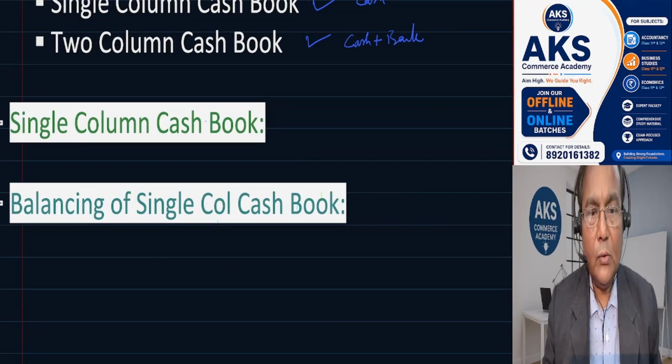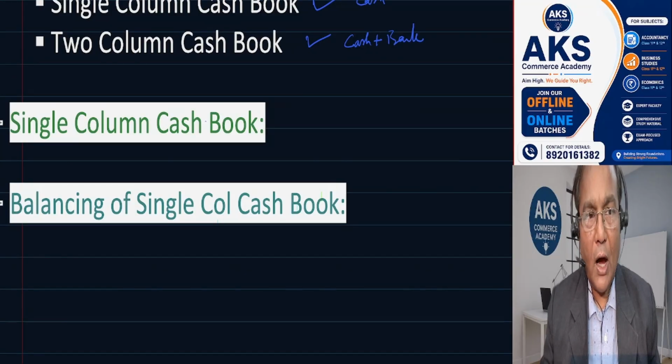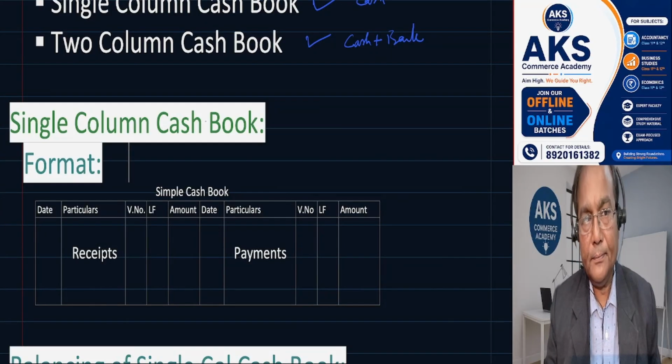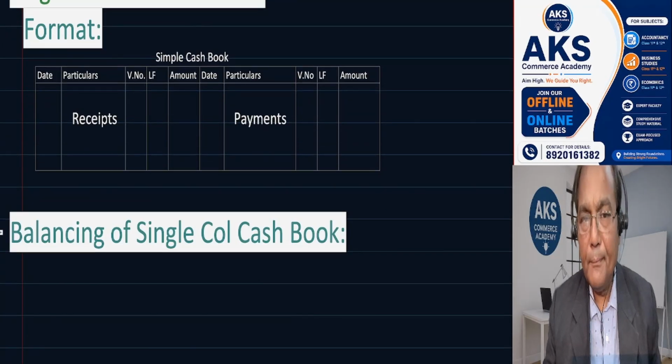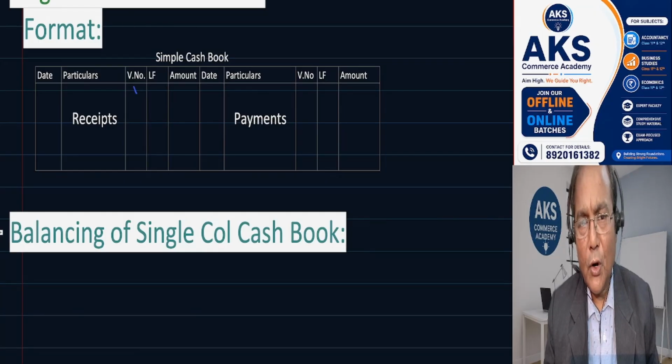Let's understand now the single column cash book. How it is to be done. This is the format of a single column cash book. Very simple: date, particulars, voucher number, ledger folio. In practice, we do not enter these two, but since there is a format we need to maintain it. Then there is an amount column.